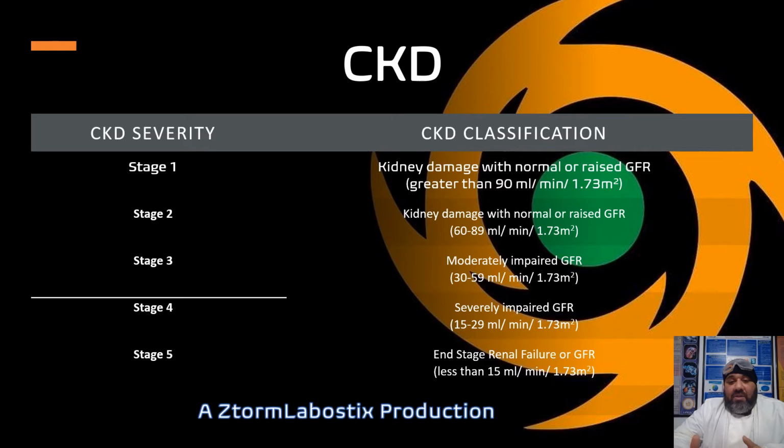And stage 4 is referred to as severely impaired glomerular filtration rate, where the range is 15 to 29 mils per min. And then stage 5 is referred to as end stage renal failure or end stage renal disease, where the glomerular filtration rate is less than 15 mils per min.